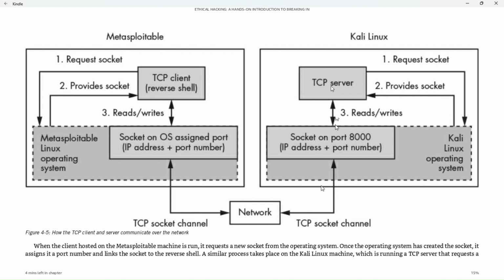That's pretty confusing. When the client hosted on the Metasploitable machine is run, it requests a new socket from the operating system. Once the operating system has created the socket, it provides the socket.